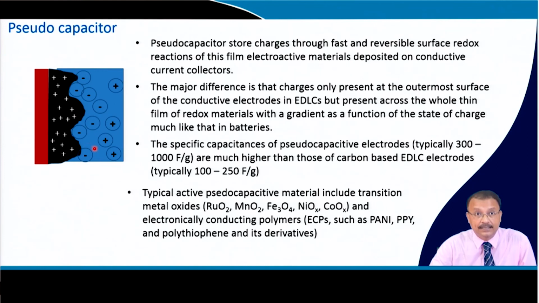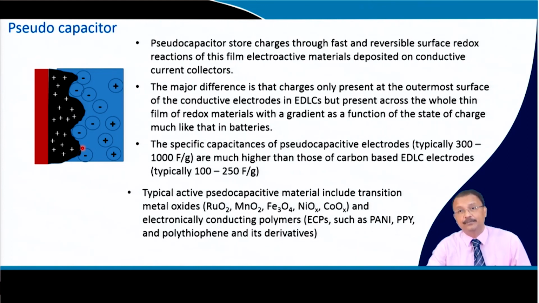So, if you have a thicker material, then do not expect that the redox reaction will take place in the whole of it, then it will be a battery. But at the surface of a thin film as well as most part of the bulk, you get this kind of intrusion, and that results in this change in the redox of the active material.